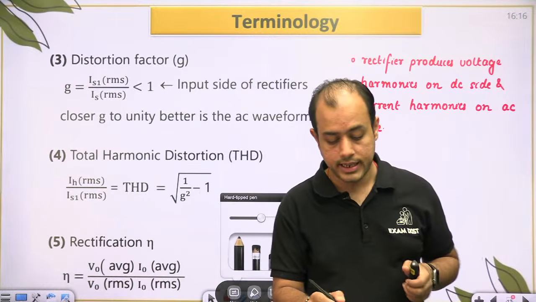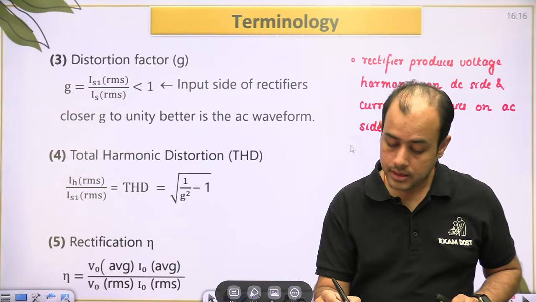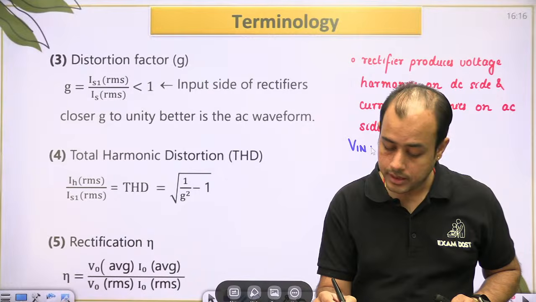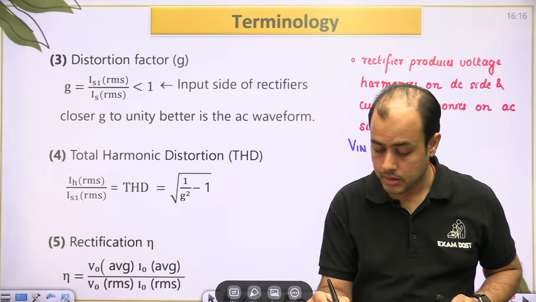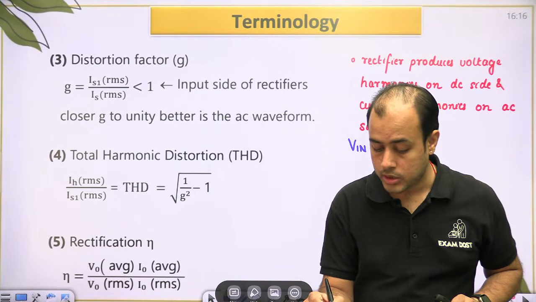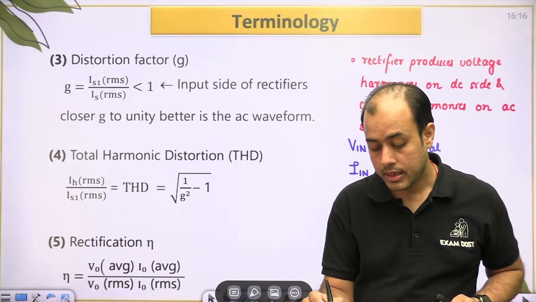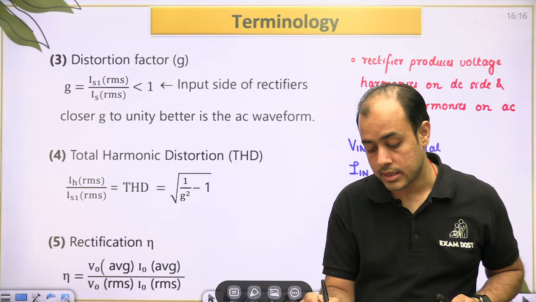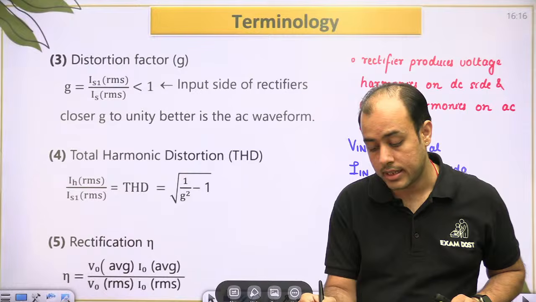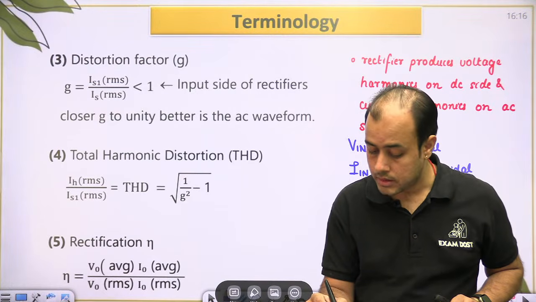So what happens is, basically V in is sinusoidal, but the input current depends on the load current and the input current is non-sinusoidal. Input current sinusoidal नहीं आता, so basically it contains harmonics.